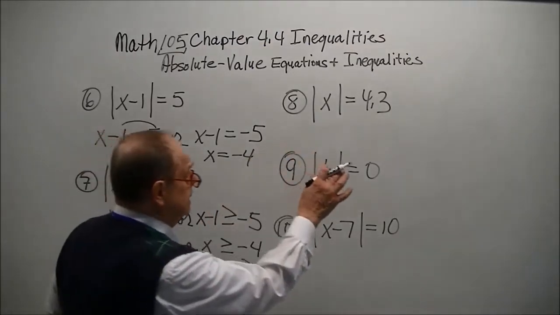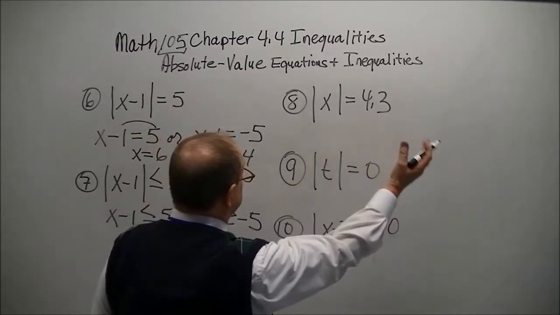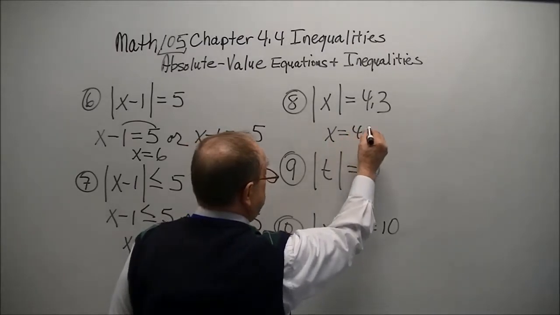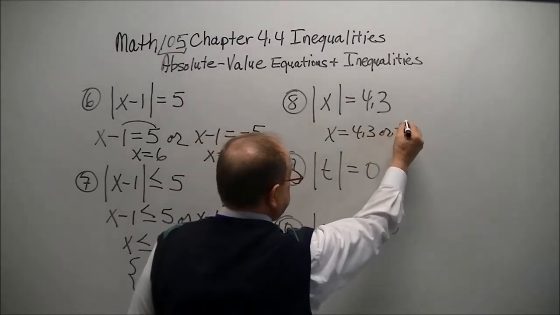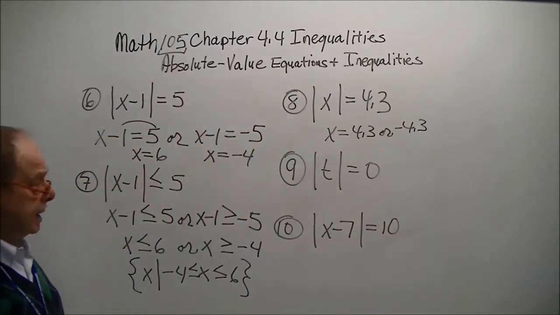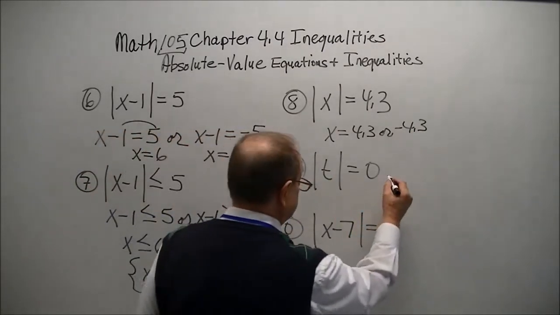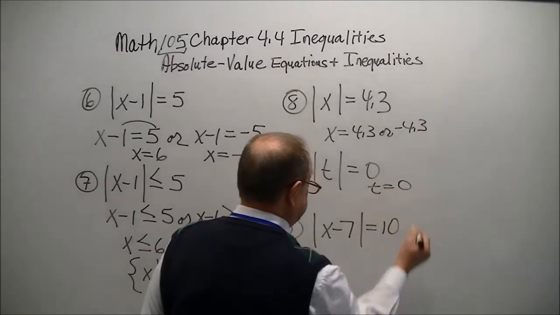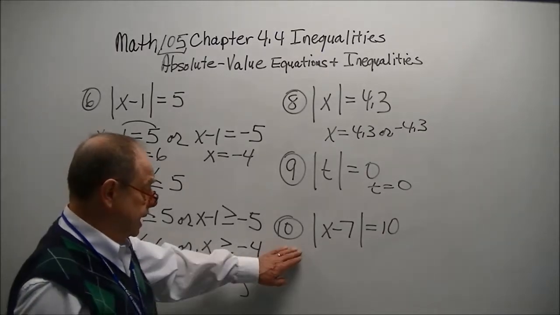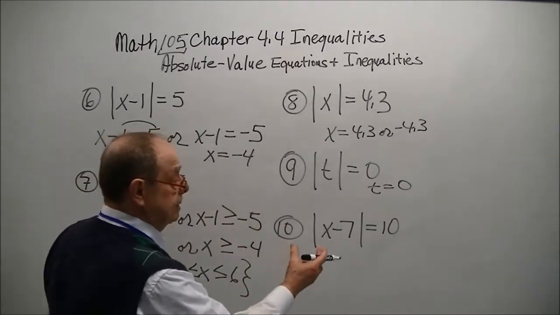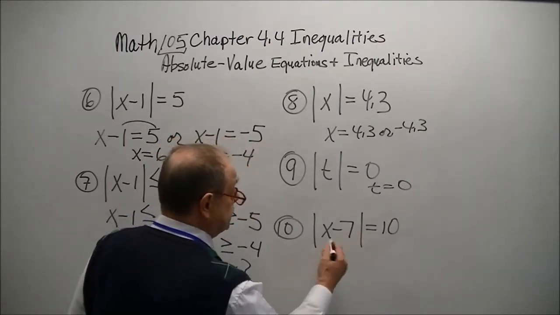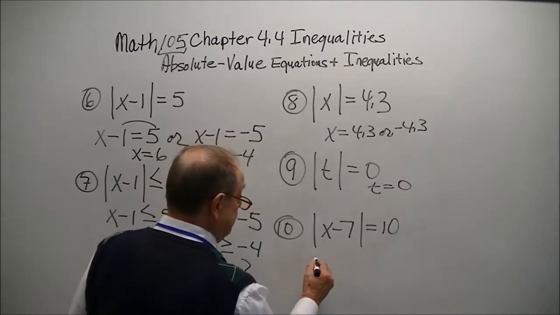In number 8, there's not a lot of work. It's just that x will be equal to 4.3 or a negative 4.3. And then in the case of 0, it's t equals 0. And in number 10, we get to our strategy. Again, other instructors may do it a little differently, but I like to just take away the absolute signs.